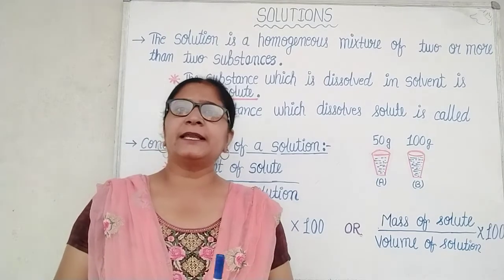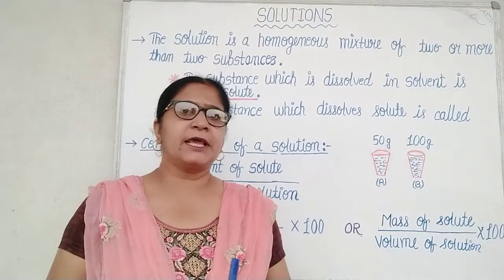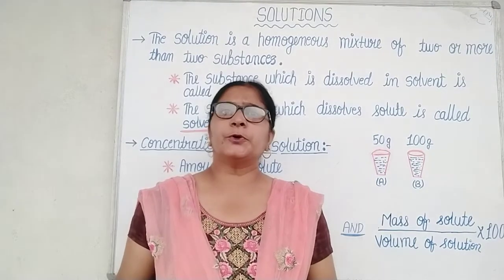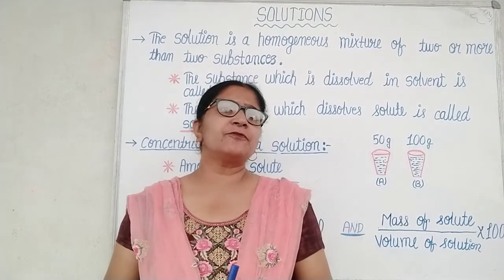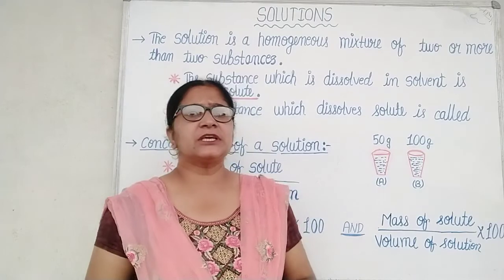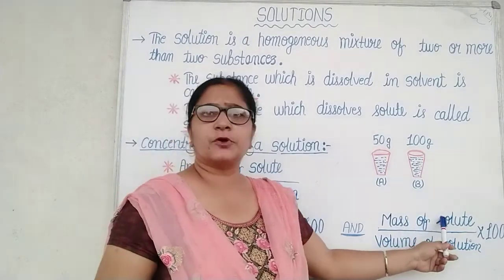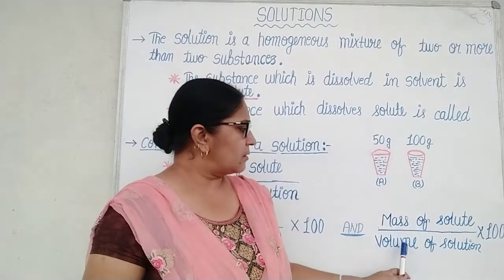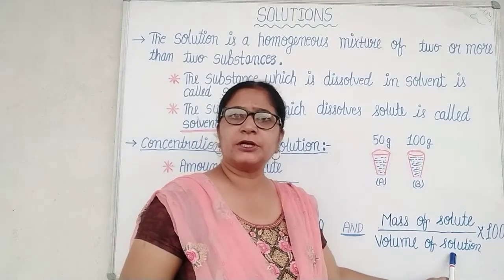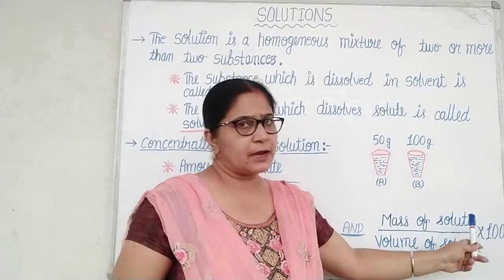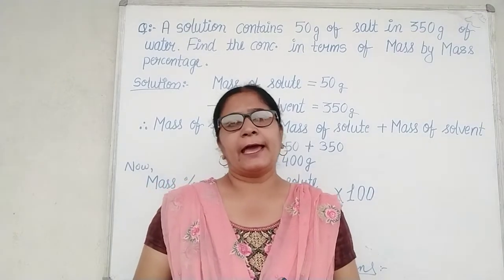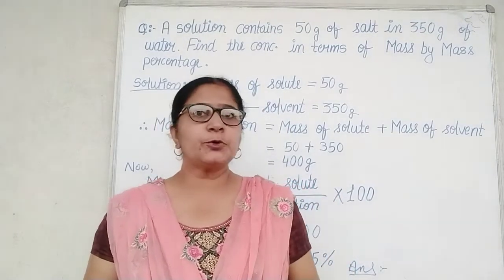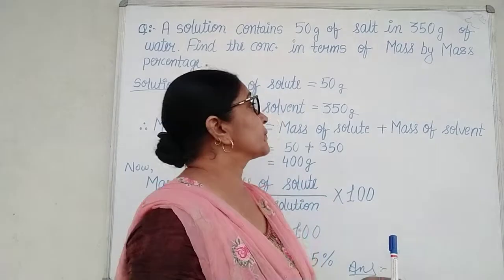So let's see an example for the same. Also, the second way of expressing is mass by volume percentage, which is mass of solute upon volume of solution, multiplied by 100. So now we can see an example related to mass percentage.